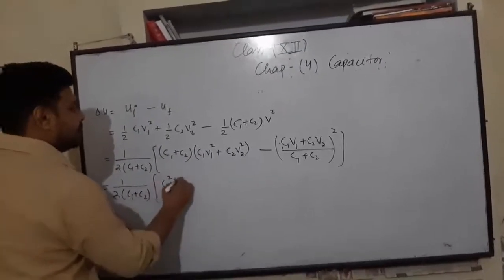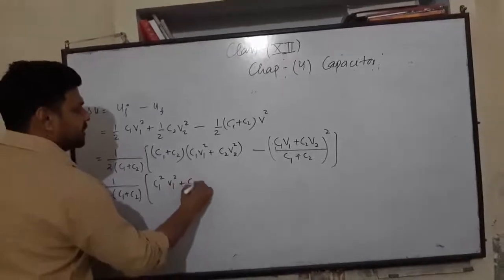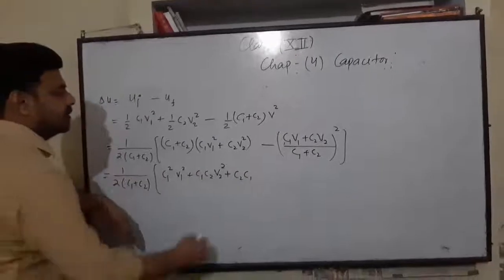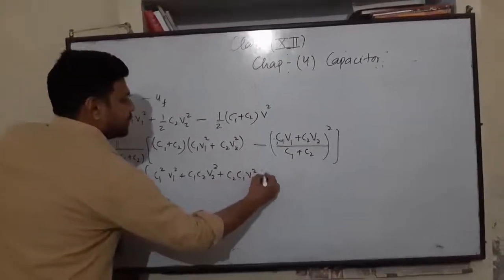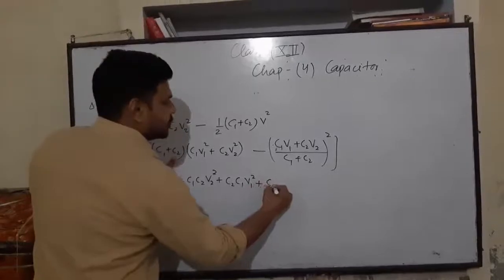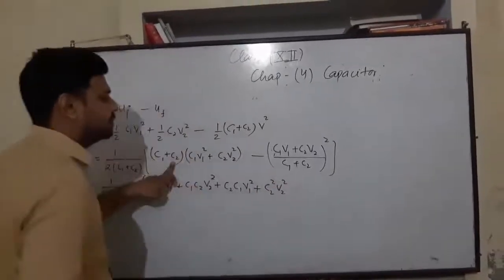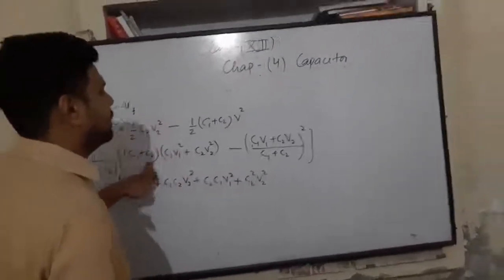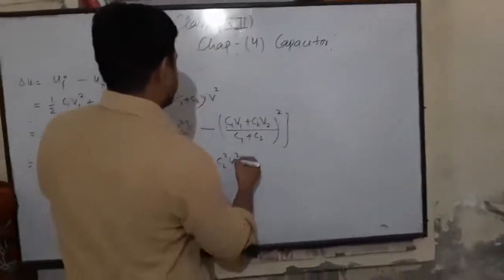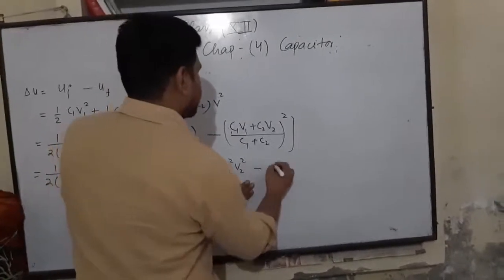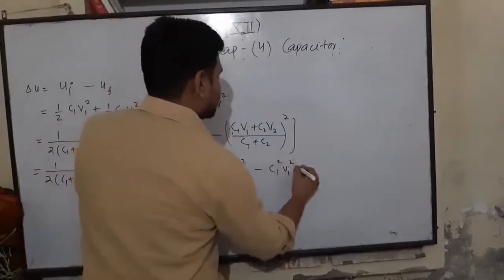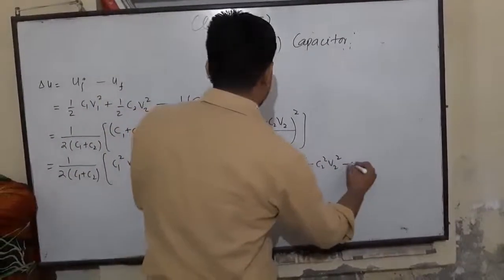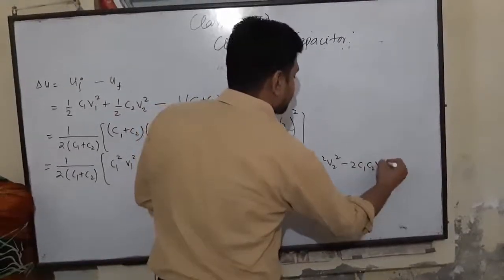C1 square V1 square plus C1 C2 V2 square plus C2 C1 V1 square plus C2 square V2 square, minus C1 square V1 square minus C2 square V2 square and minus 2 C1 C2 V1 V2.